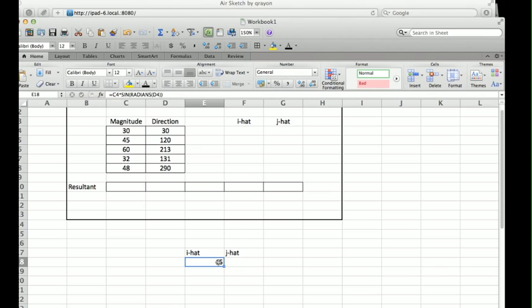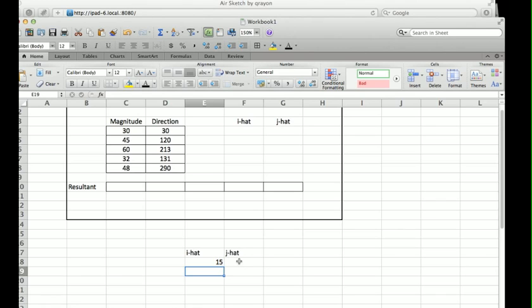So we got C4 times the sine of radians D4, and that should be our I hat. So normally I could take 30 times the sine of 30 degrees, and the sine of 30 degrees we know is 0.5, so 0.5 times 30 would be 15.